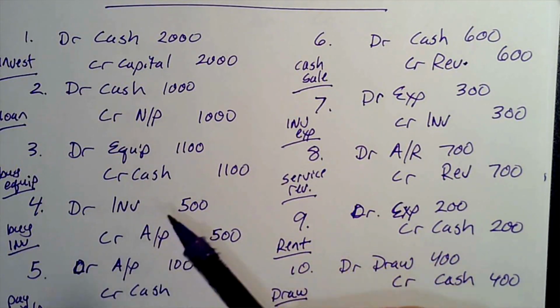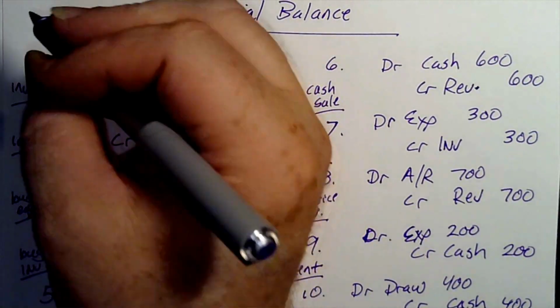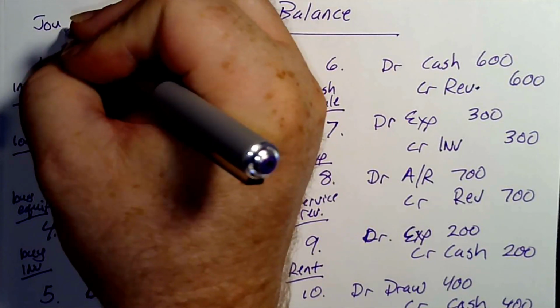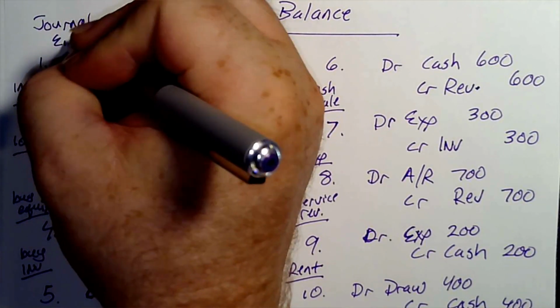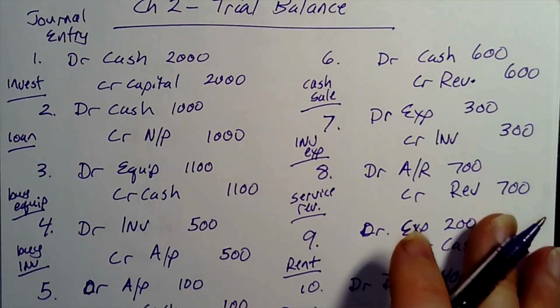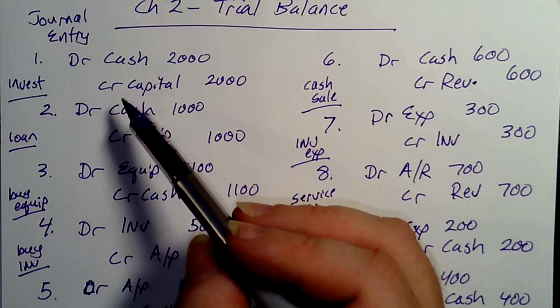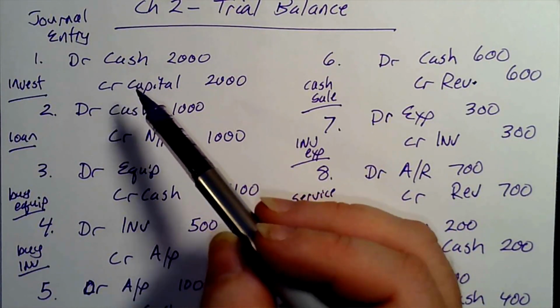So the process is to first take a look at what the business transaction is and try to figure out what the journal entry is. So all of these are journal entries. Now you notice for every journal entry, it follows our rule. There's at least 2 parts, a debit and a credit, and the debits and the credits must equal.